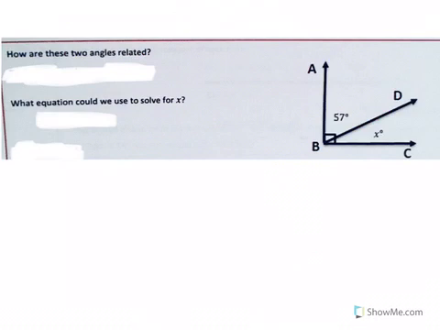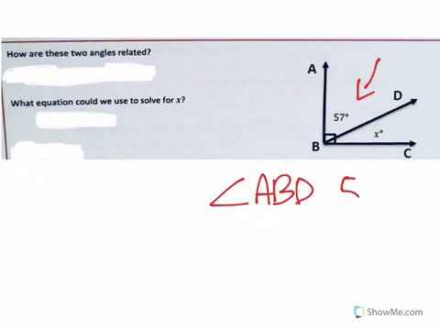Let's jump into some of our problems. We've got a picture here, and the question says, how are these two angles related? We have angle DBC, which is this angle in between here, and angle ABD, which is this angle here. We know angle ABD is 57 degrees.